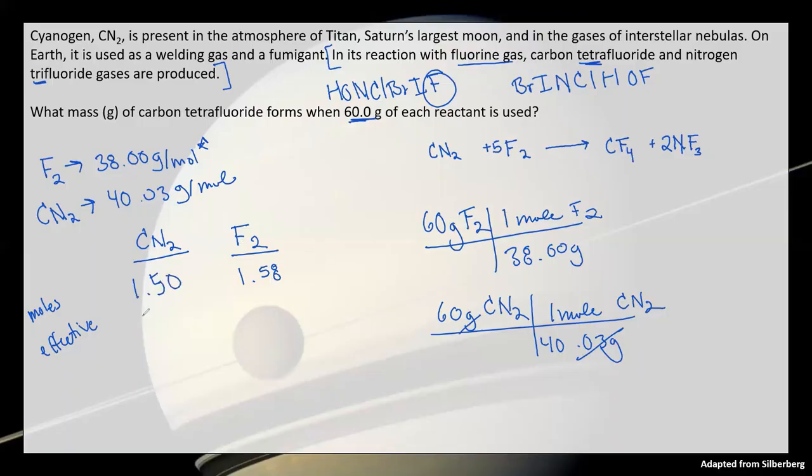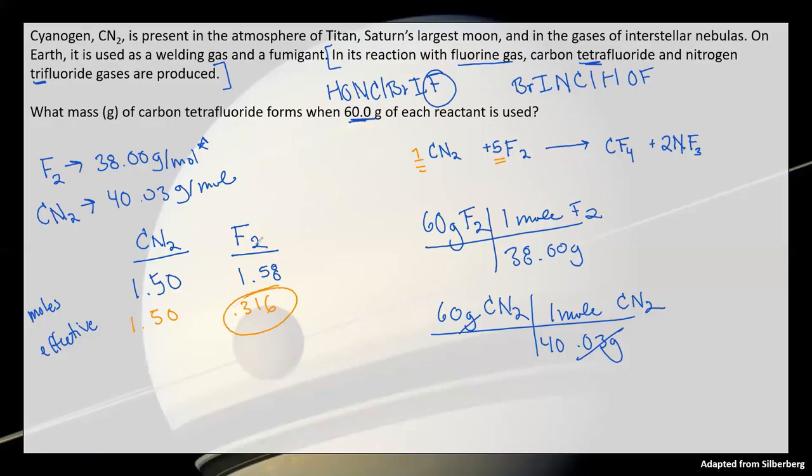Okay. Then we have our effective moles. So that is going to be our number of actual moles, right, divided by our stoichiometric ratio. So there's a 5 there and a 1 there. So effective moles for cyanogen is 1.5, and then 1.58 divided by 5 is 0.361. So this is way less, right?